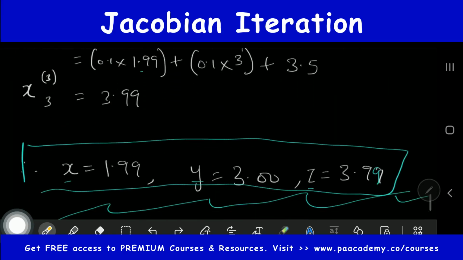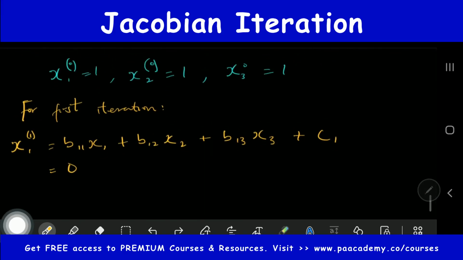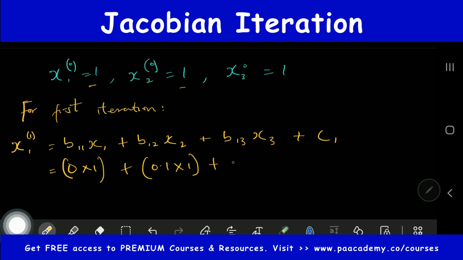So our b11 is 0, so that will be 0 times our x1, which is given in the question, then plus b12. Our b12 is 0.1, so that will be 0.1 times our x2, which is 1, plus b13, which is 0.1 times 1, plus then our c1 is 1.3.